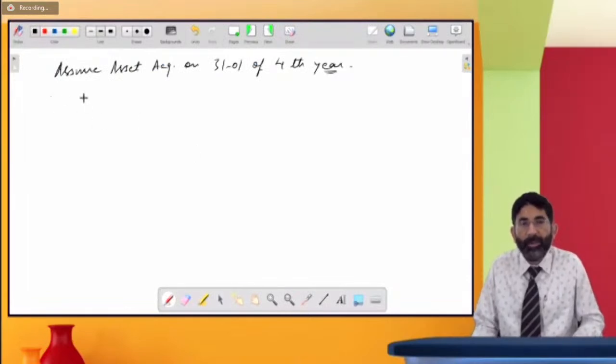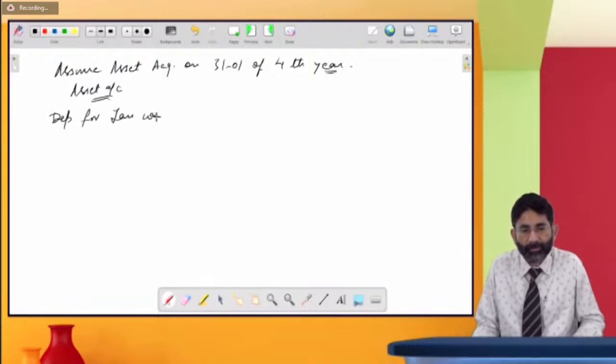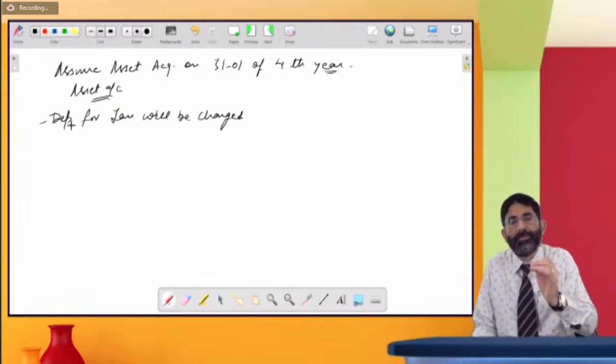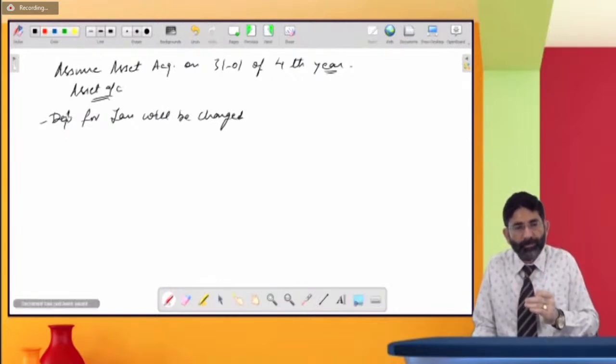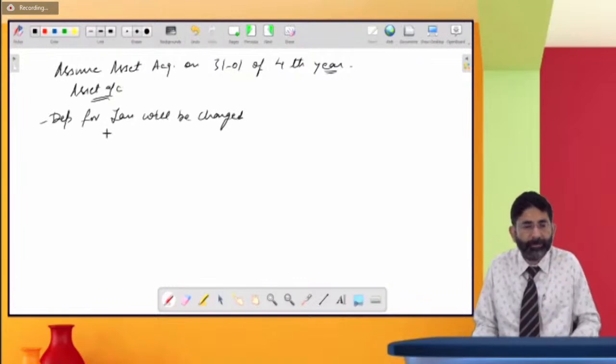Then what I will do? In the next year, in asset account, depreciation for January will be charged. Better try to understand the concepts, because I am trying to cover each and every part of your examination. So you must have to do it accordingly.